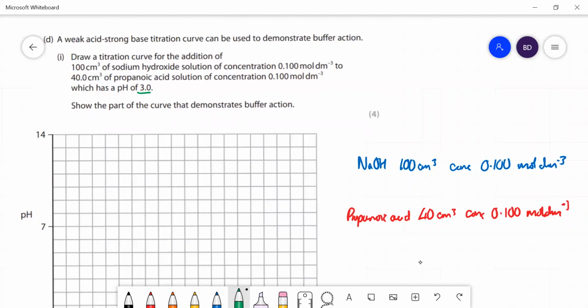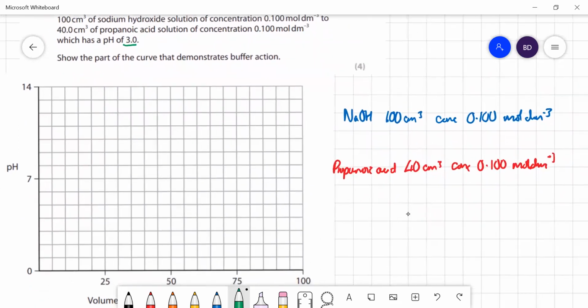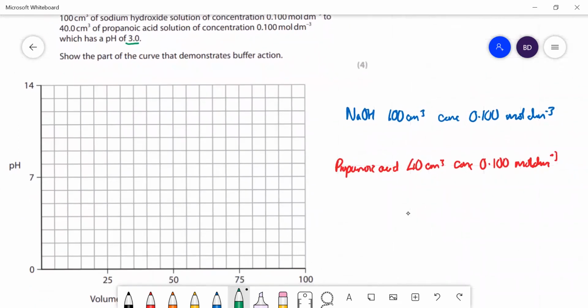Just to remind ourselves, we've got sodium hydroxide, 100 centimeters cubed, and we're going to add that to 40 of propanoic acid. You can see that these are the same concentrations, and they react in a 1-to-1 ratio. So the end point of this titration is going to be at 40 centimeters cubed, which is just there on our graph.